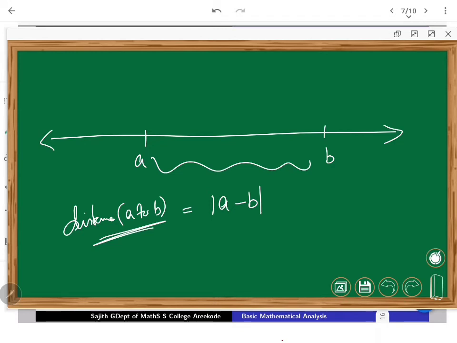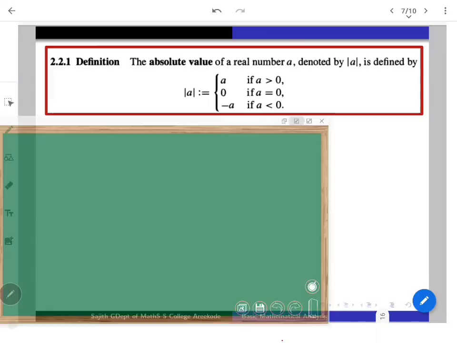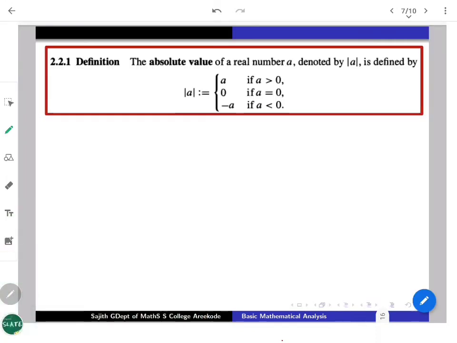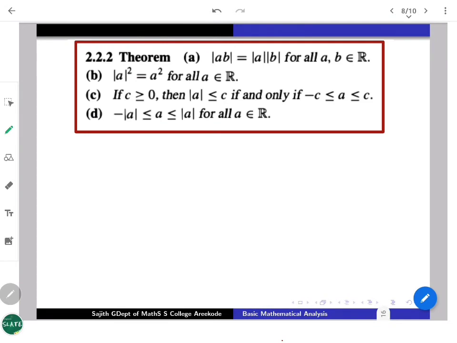Once distance is available with us, geometry can be taken into picture. Just to look at the fundamental properties and see the behavior of such things. Definition is obvious. We have just made it clear. And now let us look at the properties of this absolute value function. So the most fundamental properties, we will conclude as a theorem.